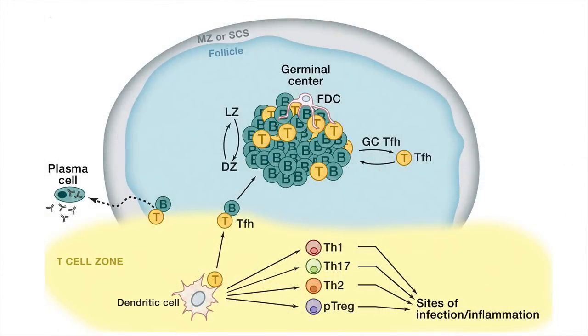TFH cell memory was controversial for a while, and a significant amount of that came from an incorrect assumption about the migratory capacities of TFH cells.